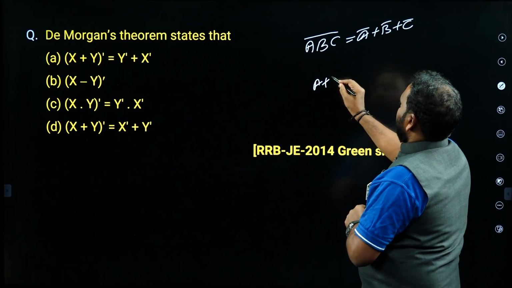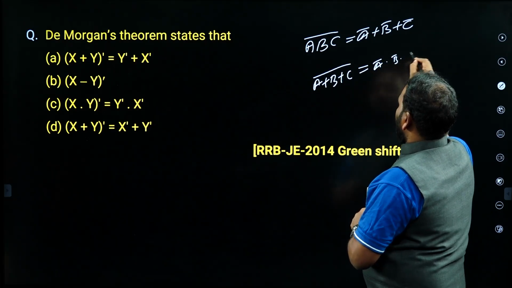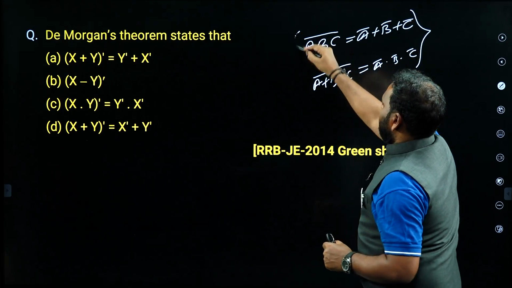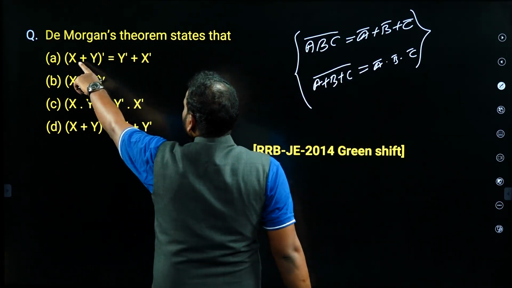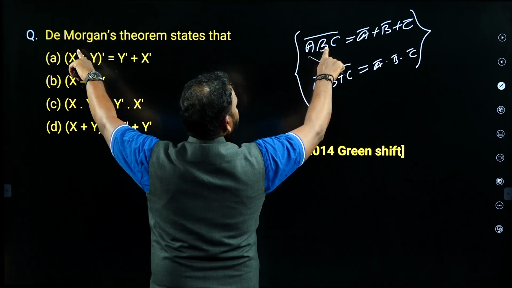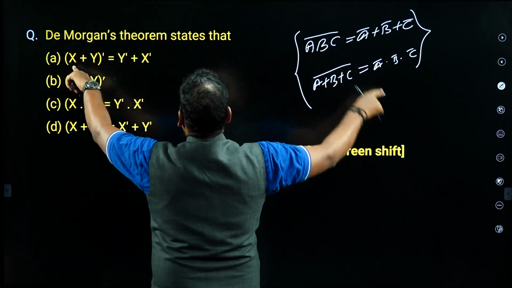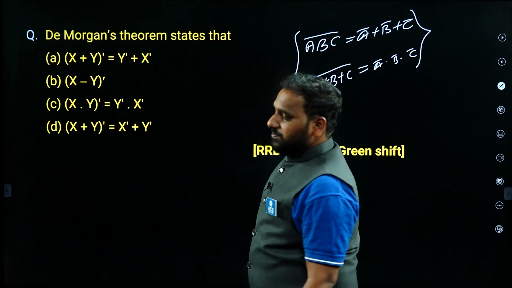Otherwise, A plus B plus C whole bar is equal to A bar dot B bar dot C bar. These are the relations from De Morgan's theorem, okay. He has given x plus y whole bar, which should be x bar dot y bar, of course, right.